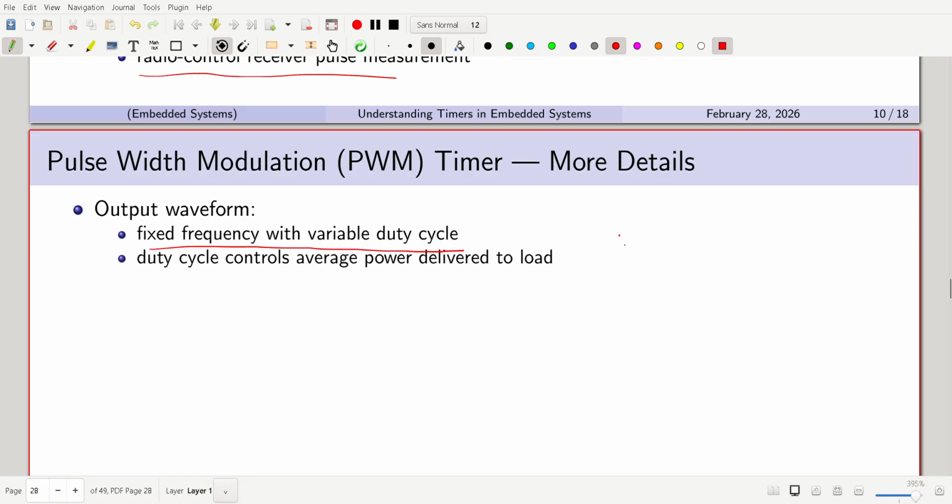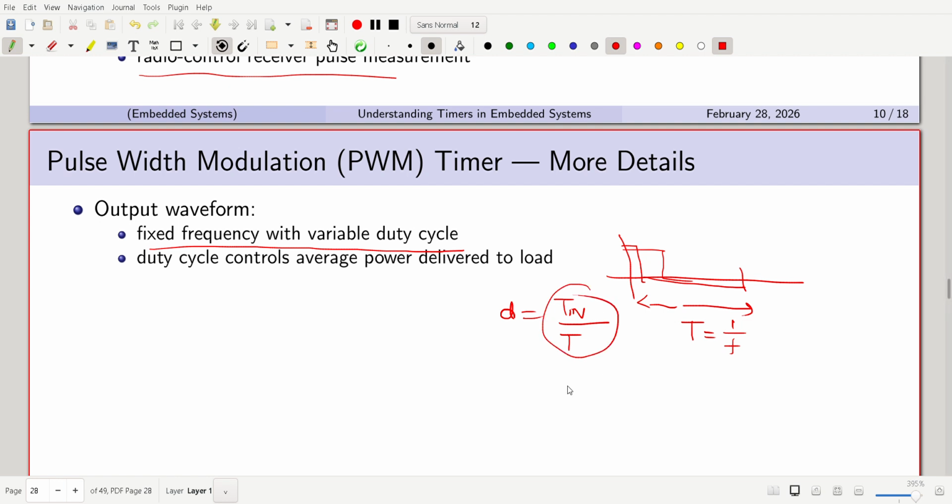Here you can see the fixed time period T, and the frequency is 1 by T. The on time will always change, and based on the on time we get our duty cycle: D is equal to T on by total time T, or T on times f.